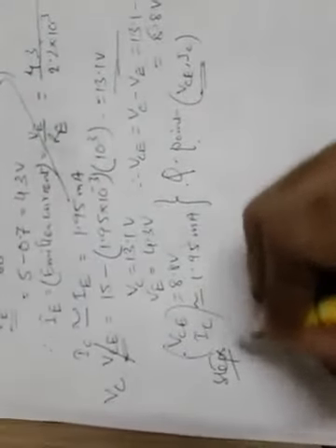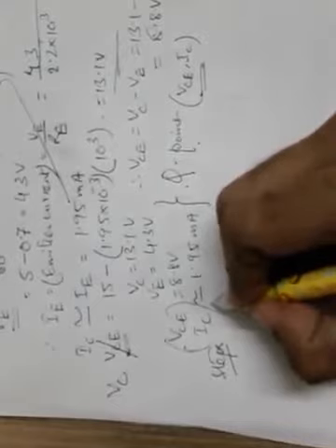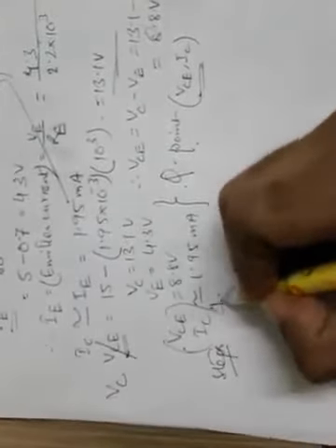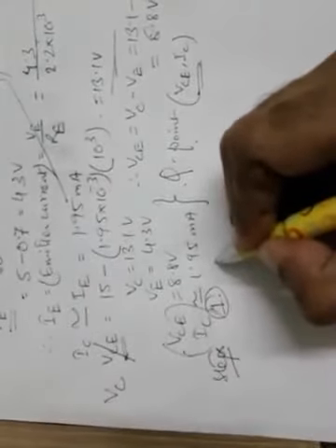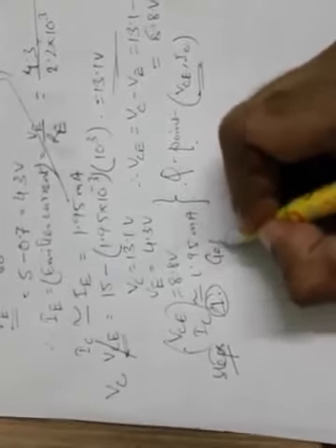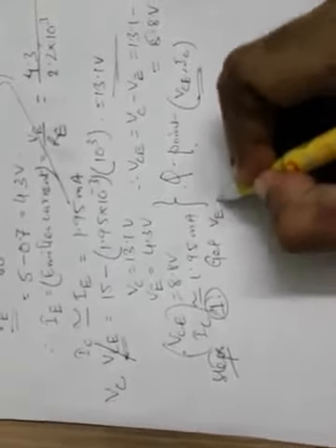The proof of this lies in the process used to analyze the circuit. So let us see what the steps of analysis are for the emitter bias circuit. As we have done till now, number one, the first step is you need to find the emitter voltage, that is VE.